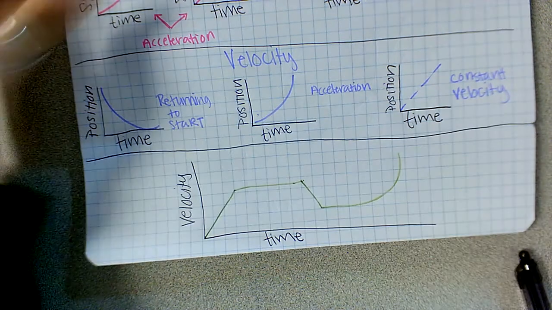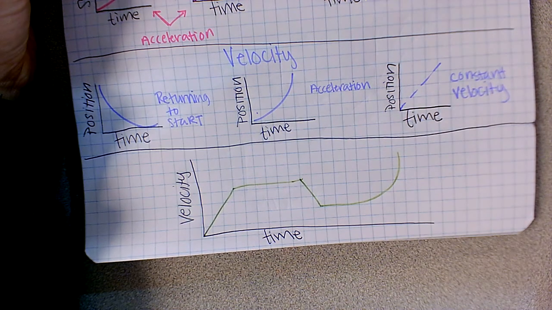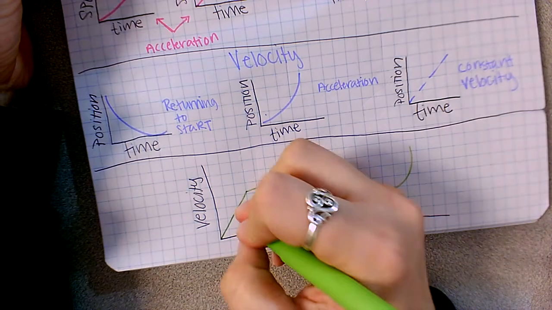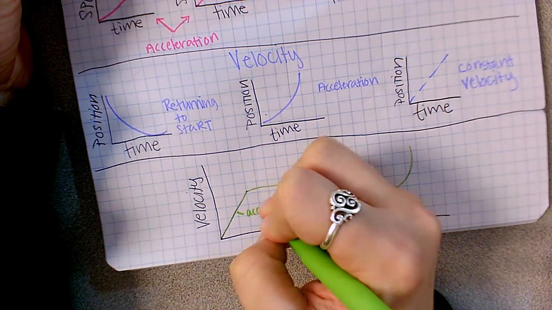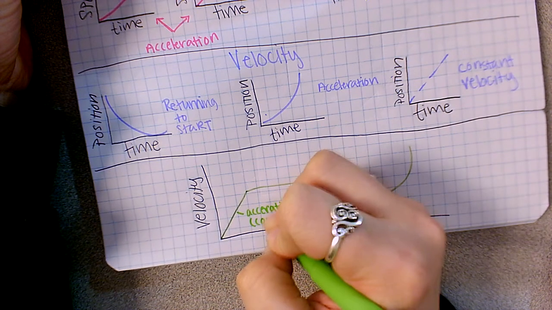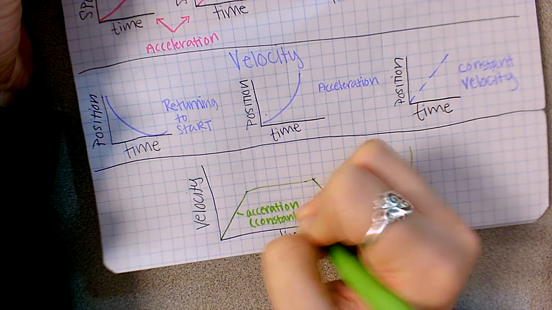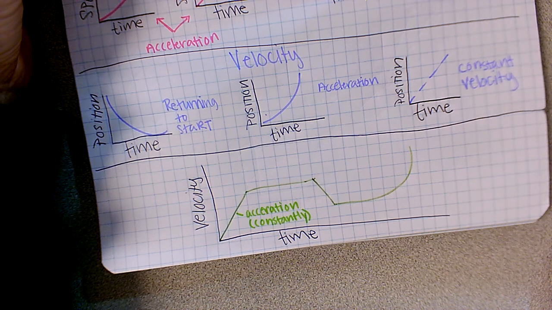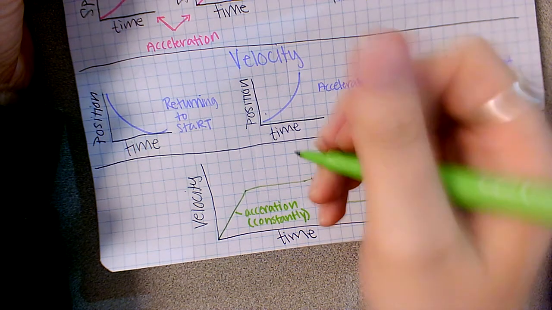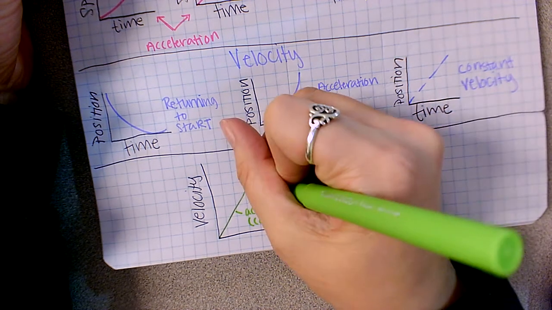Okay? So what we'll do is label this. Okay, so this bottom one is accelerating, but it's constant. Okay, it's a constant acceleration, right? This next one, it's supposed to be flat, but I can't draw.